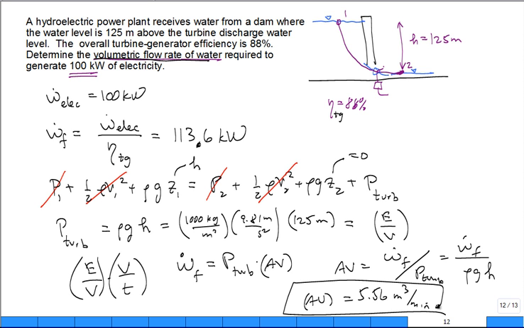Okay, if that much came out of the fluid, but only 100 went into electricity, where did the 13.6 kilowatts of power go? Frictional losses. And when you have friction, it goes into increasing internal energy somewhere. And you say, well, did it heat up the water?